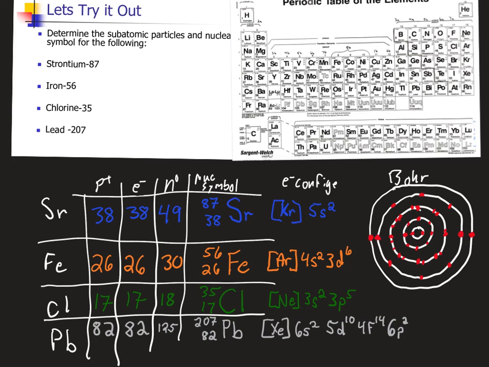Now for lead, things get pretty big. And things get pretty gross. Well, depends on how you want to look at it. So I got 18, 19, 20, 21, 22, 23, 24, 25, 26, 27, 28, 29, 30, 31, 32.